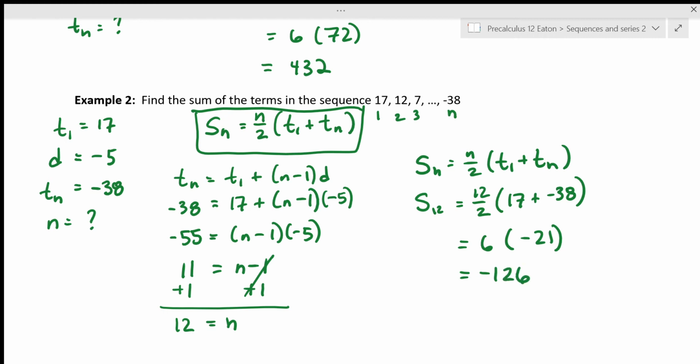And that makes sense. Our sequence is, we're starting at 17, we're getting to negative 38, so it seems like there's going to be more negative numbers in the sequence than positive numbers, so for them to add up to a negative number makes sense.